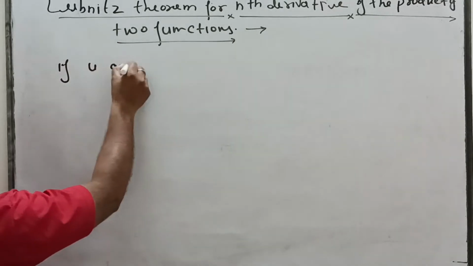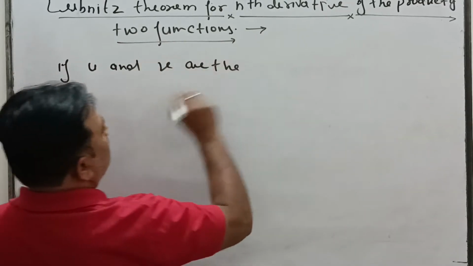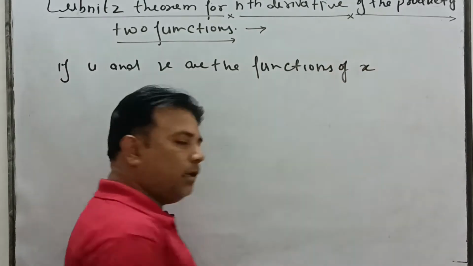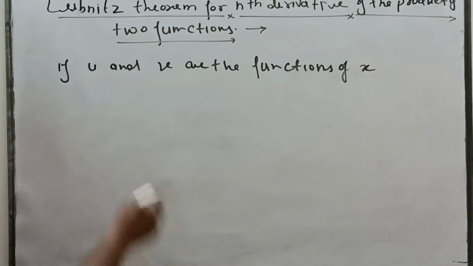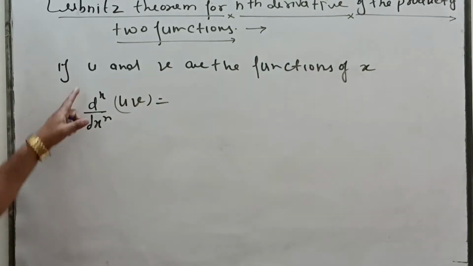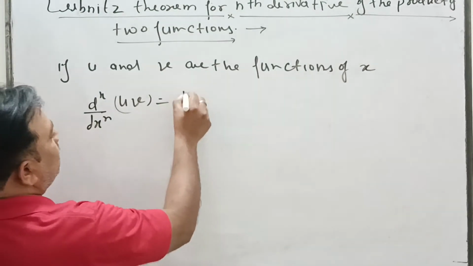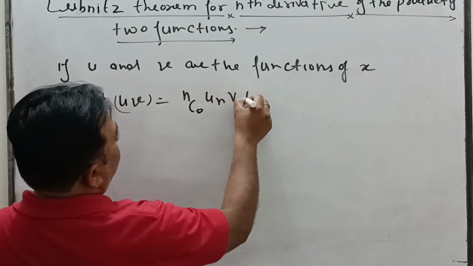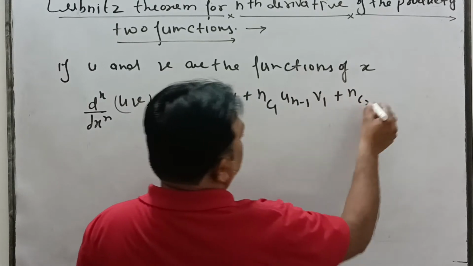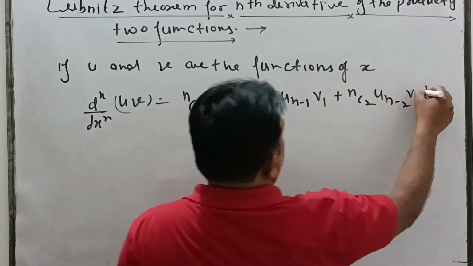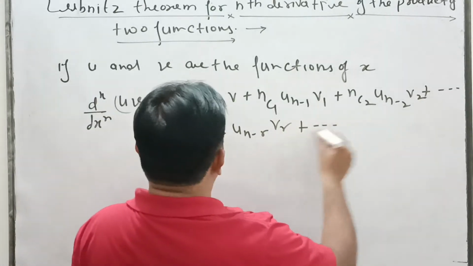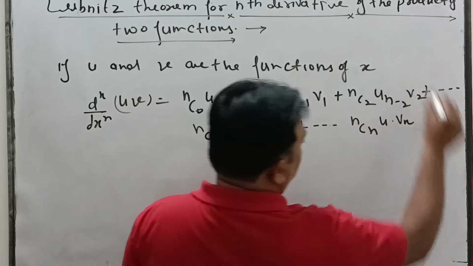If u and v are two functions of x, then the nth derivative of their product by the Leibniz theorem is: d to the power n over dx to the power n of uv equals nC0 u_n v plus nC1 u_(n-1) v1 plus nC2 u_(n-2) v2 plus and so on, plus nCr u_(n-r) v_r plus and so on, plus nCn u v_n.